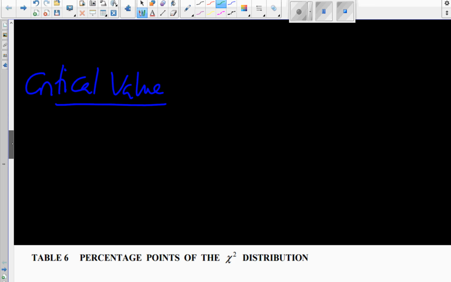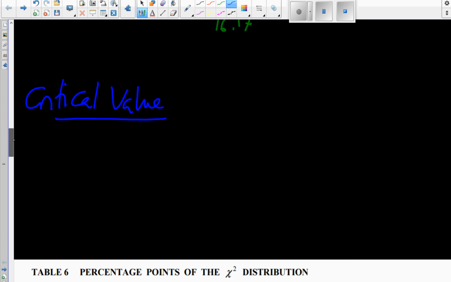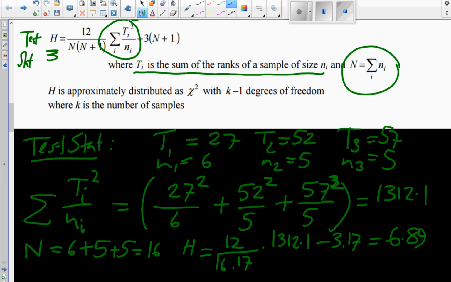Now, next part of our piece of work is to work out our critical value. And if we quickly go back to what it told us up here on the formula sheet, it says H is approximately distributed as chi-squared. So we're going to use a chi-squared distribution with k minus 1 degrees of freedom, where k is the number of samples.